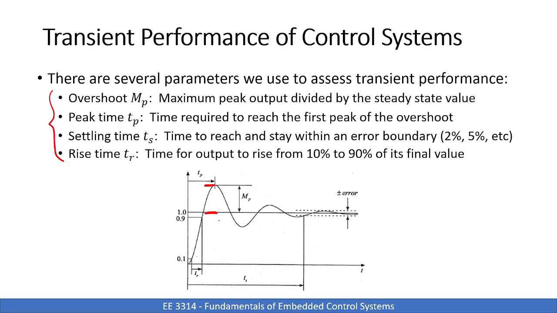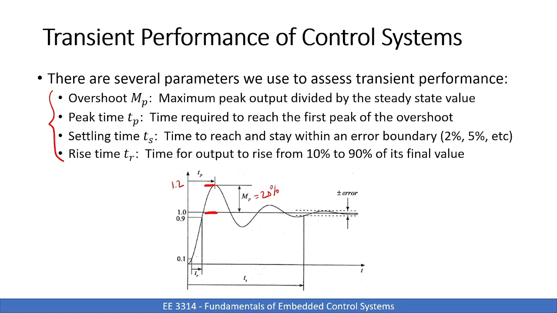Okay. So if this is 1.2, then this M_p would be equal to 20% overshoot, or 0.2. So in this case, if our steady state value is 1, then this would be 0.2, which is the actual physical amount of that overshoot. But if this is 2 and this is 1.4, it would still be 20%.